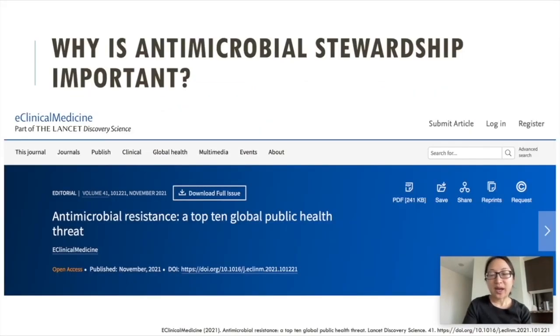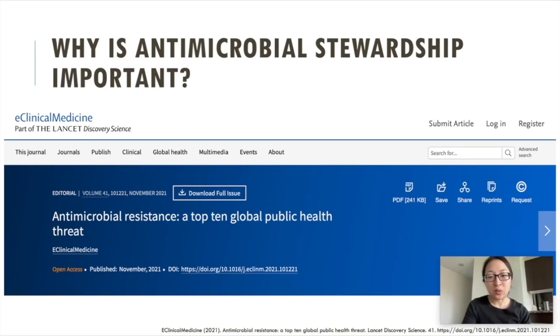You might ask why antimicrobial stewardship is important. By ensuring the judicious use of antimicrobial therapy, we reduce their overuse and inappropriate use, which reduces antimicrobial resistance. Antimicrobial resistance has been identified by multiple organizations, including the World Health Organization and the Centers for Disease Control and Prevention, the CDC, as one of the greatest public health threats.